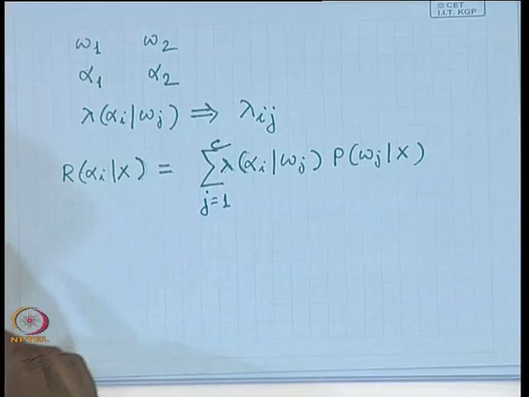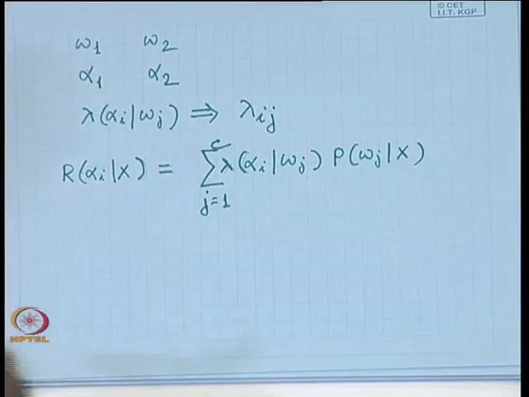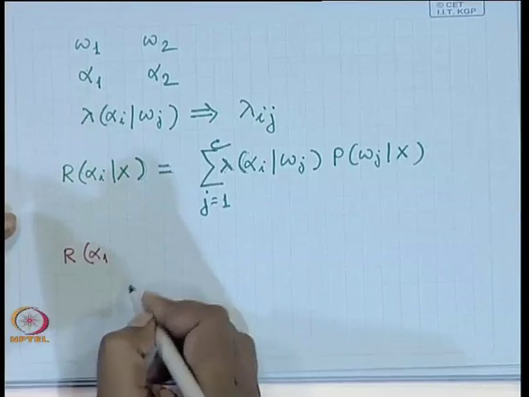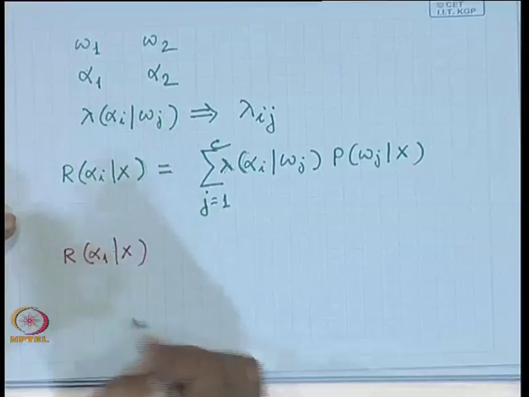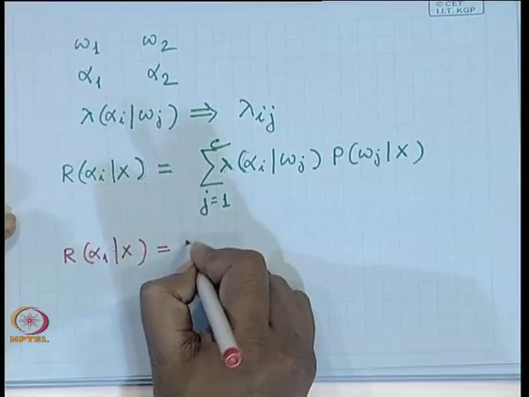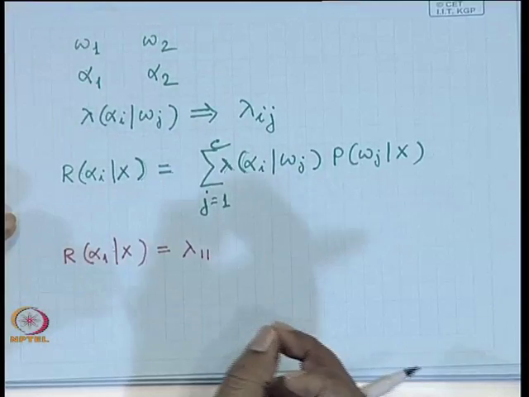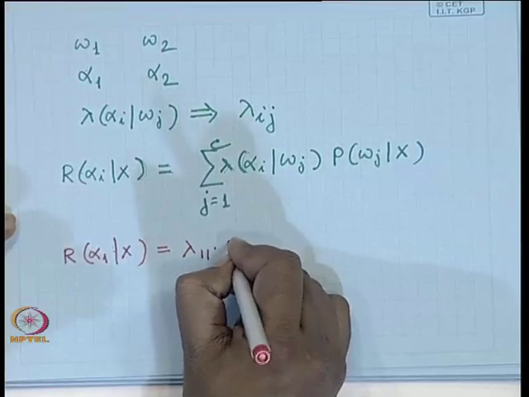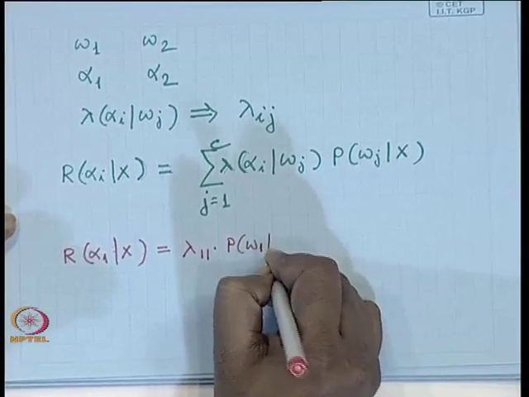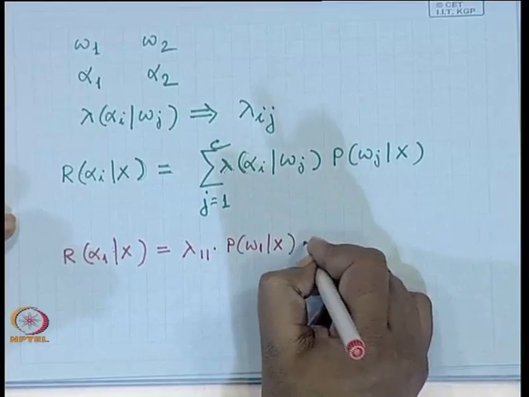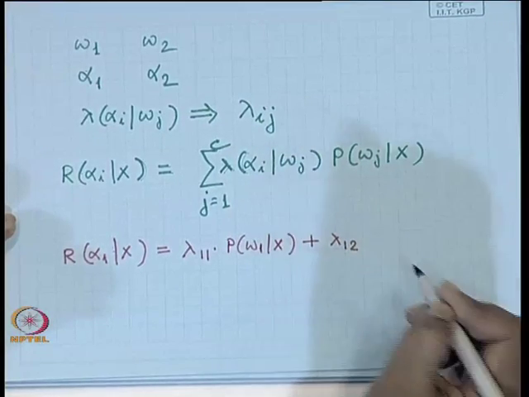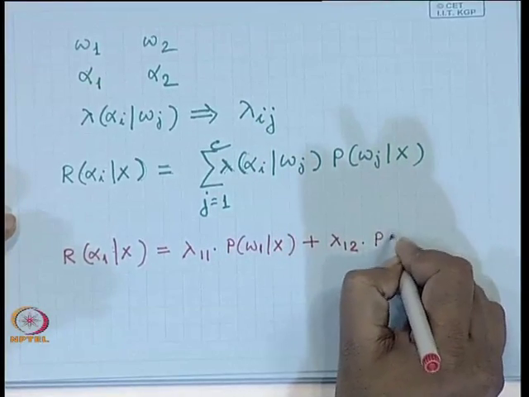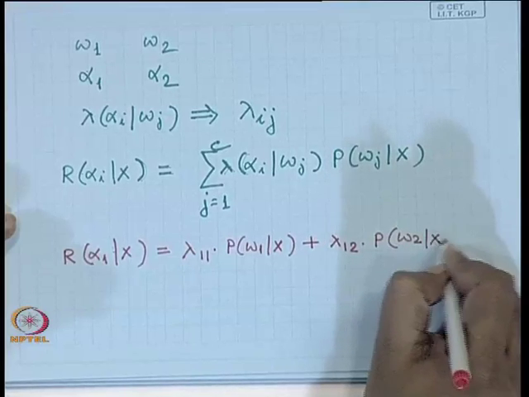In our 2 class problem, if I take action alpha 1, I will have r of alpha 1 given x, which will be lambda 1 1, that means lambda alpha 1 given omega 1, into p of omega 1 given x plus lambda 1 2, that means lambda alpha 1 given omega 2, into p of omega 2 given x.